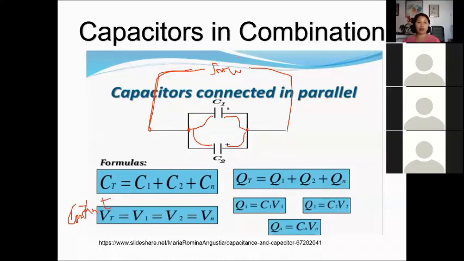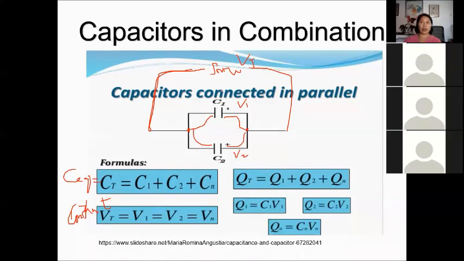So, if this is our VT, therefore, V1 natin ito equal sa VT. V2 natin ito equal to VT. And to compute for the equivalent capacitance, or CEQ, or C total, i-add lang ninyo C1 plus C2.